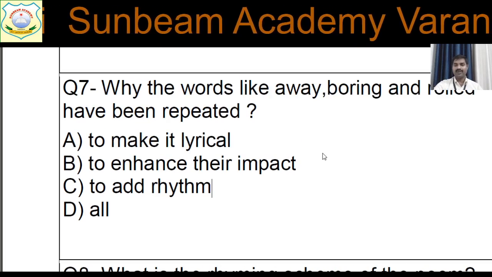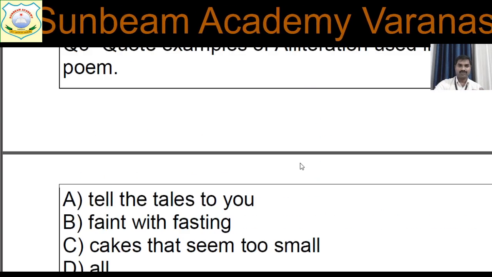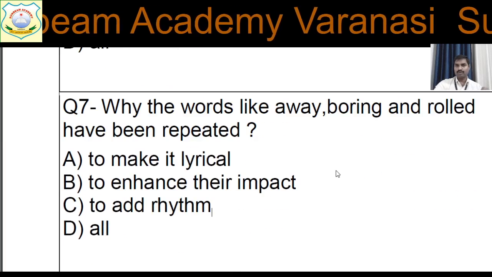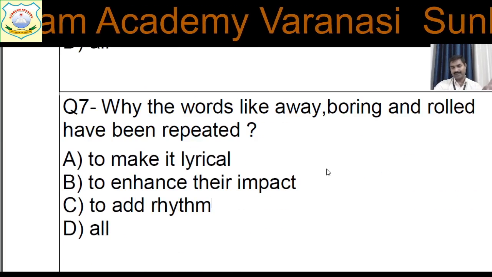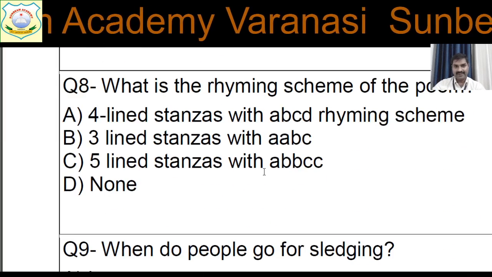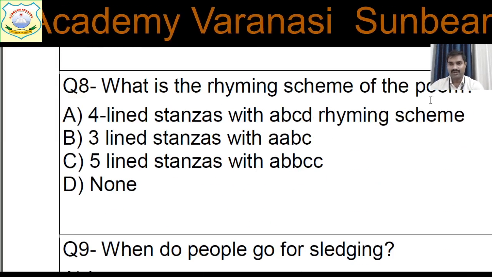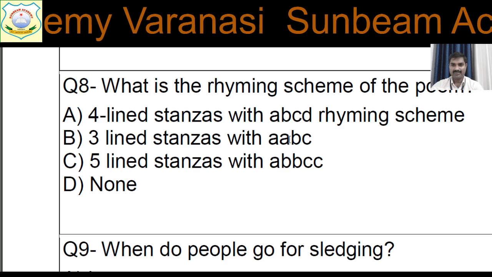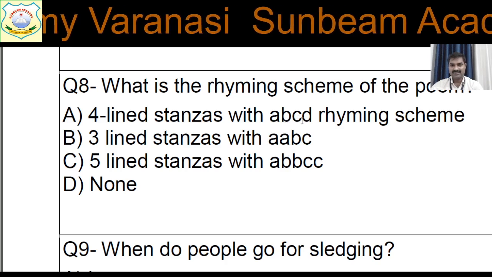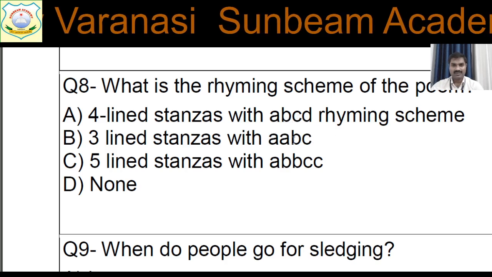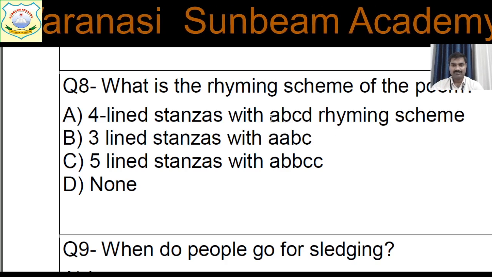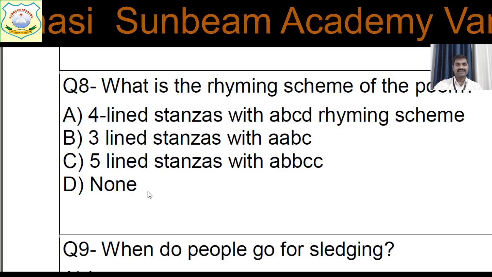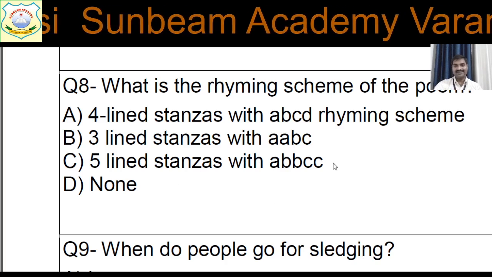To answer question number 7 and question number 6, you have to go through the poem. If you will not go through the poem, you will not be able to answer these questions. Next is, what is the rhyming scheme of the poem? You have read that the rhyming scheme of the poem is A B, is it a four line or five line? I'm missing it. Again, I told you that you have to see the stanza of the poem to answer these things.